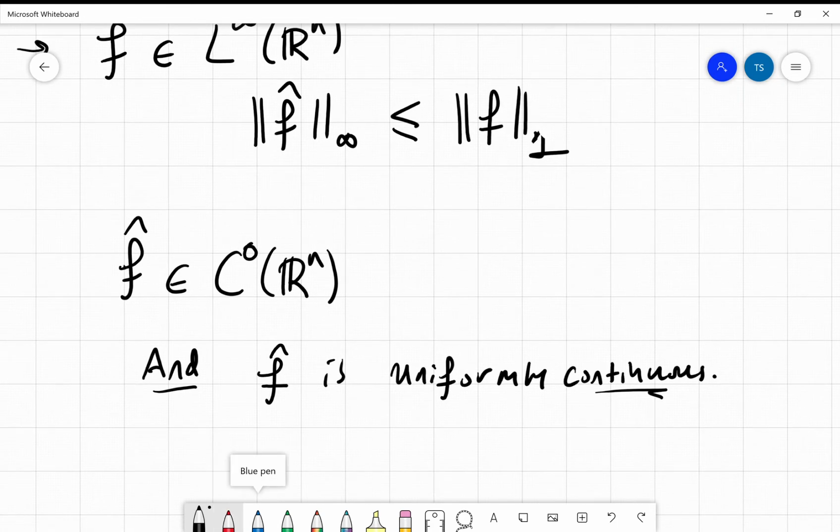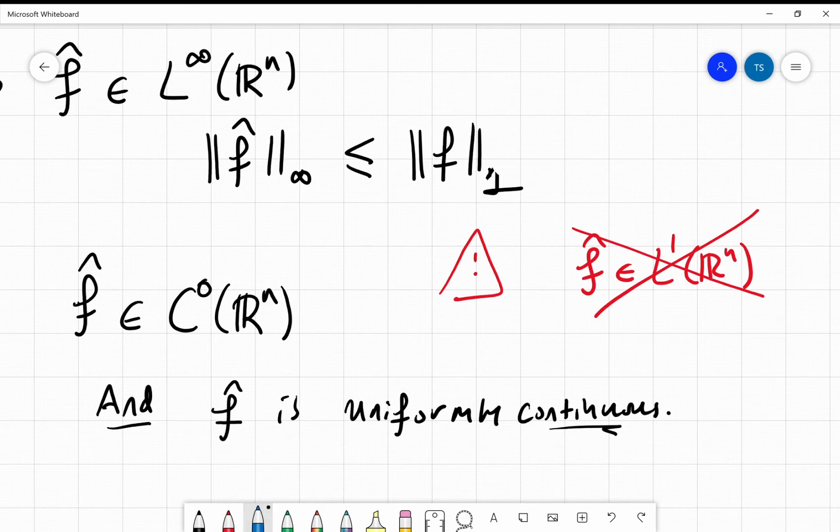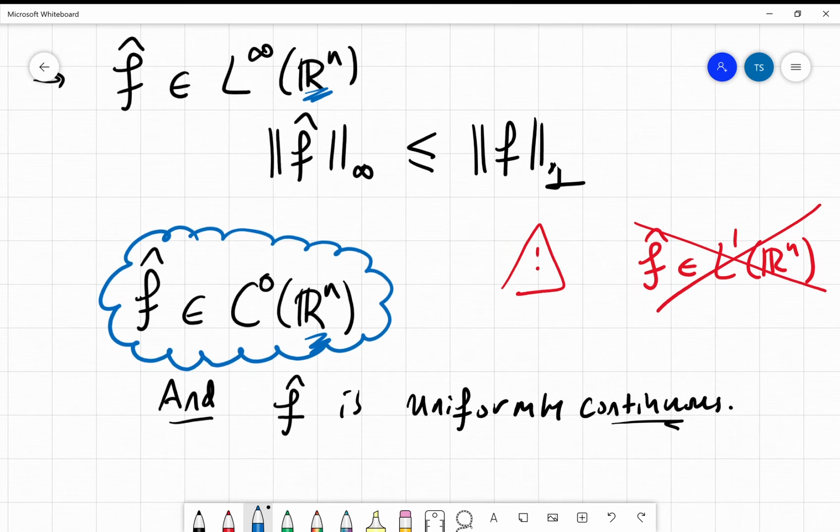Now, be careful. You might look at this and say, actually, this f hat is very regular, so certainly it's at least going to be in L1, right? Wrong, not necessarily, right? Again, we're on an unbounded domain. Okay, so this right here is something that's giving us sort of local information. This right here is giving us kind of a more global information that is bounded.